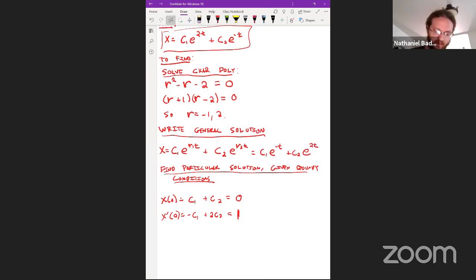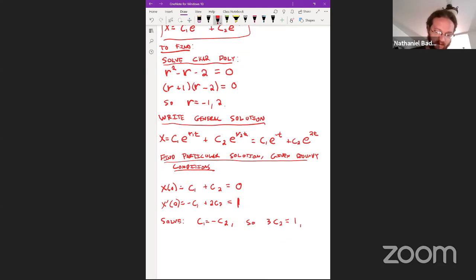So solving out quickly, the first equation is going to just give us that c1 equals minus c2. The second equation then is going to give us that 3c2 is equal to 1. And finally, c2 is equal to 1/3, c1 is equal to minus 1/3.